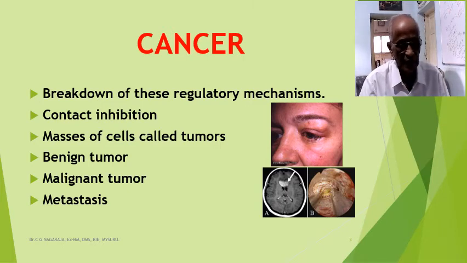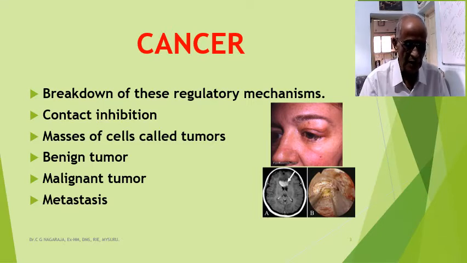So cancer can be in one particular site, as it happens sometimes in the genital parts. It might happen in the breast area, in the lungs, in the brain, in the kidney, in the liver, in the stomach. Any part of the body can be attacked by cancer, and such cancers are called benign cancers.